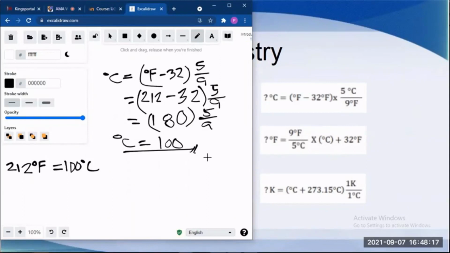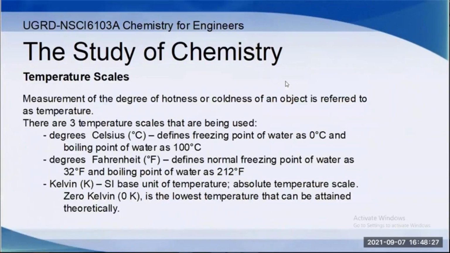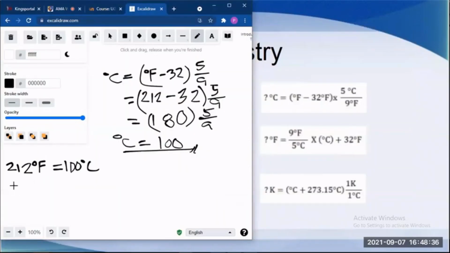Next, let's confirm our second formula. We've used the boiling point, so we should use the freezing point. The freezing point in Celsius is 0, in Fahrenheit is 32. So this time we will convert Celsius to Fahrenheit.